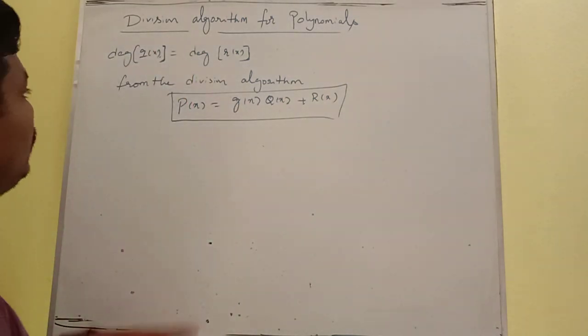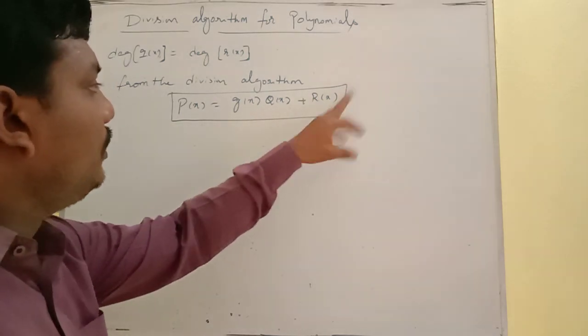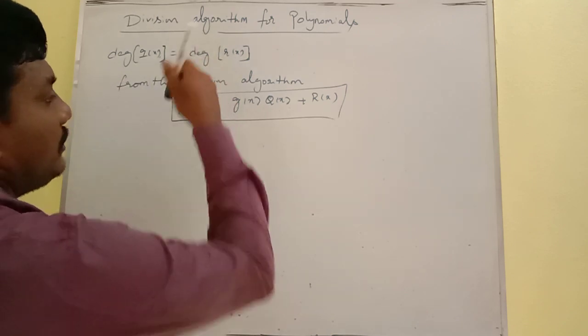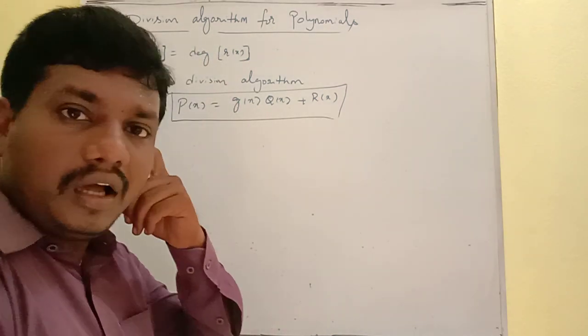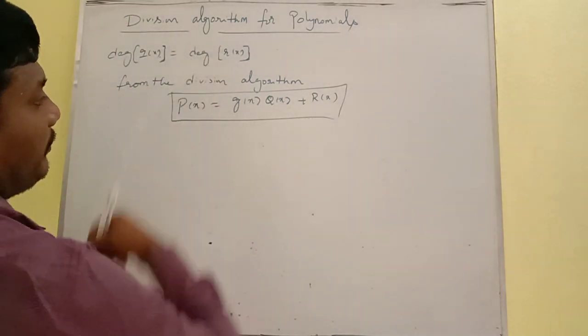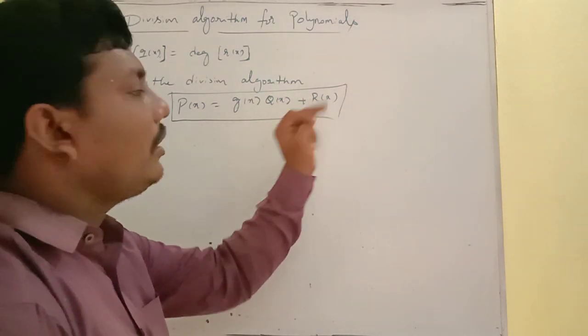From the division algorithm, p of x is equal to g of x into q of x plus r of x. Now here q of x degree is equal to r of x degree. Actually these two are independent, because there is no condition for q of x degree and r of x degree.